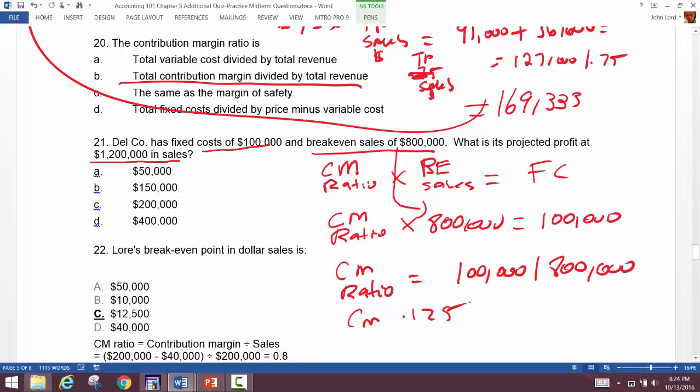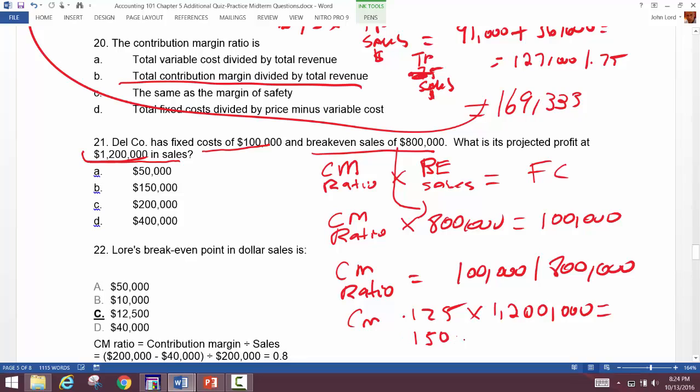That gives me a contribution margin ratio of what? 0.125? And if I know that my contribution margin ratio is 0.125, I know that my contribution margin first goes to my fixed cost and then any profit, which is what this question wanted me to find, at a sales level of 1,200,000. So I take the 1,200,000 times 0.125, which is going to give me what? 150,000?